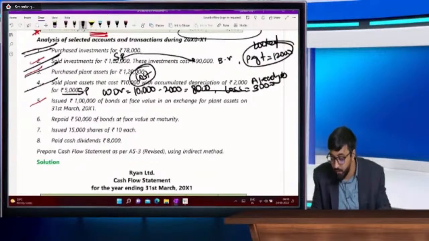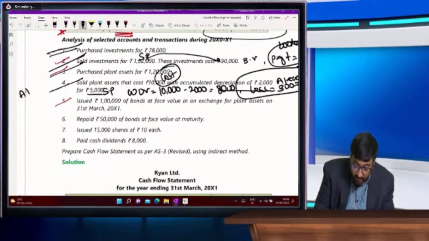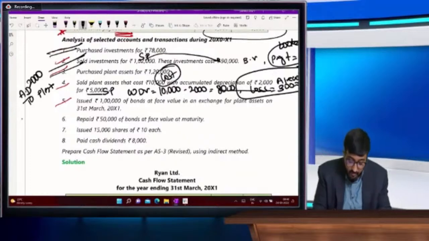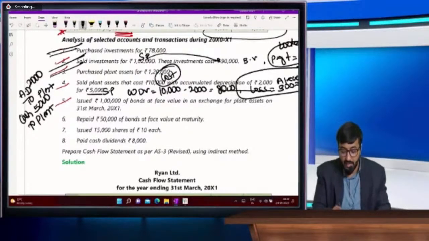Loss already booked. So we have to pass two entries. AD cancellation. AD to plant, that is 2,000. AD cancelled. And cash to plant 5,000. AD to plant, cash to plant.